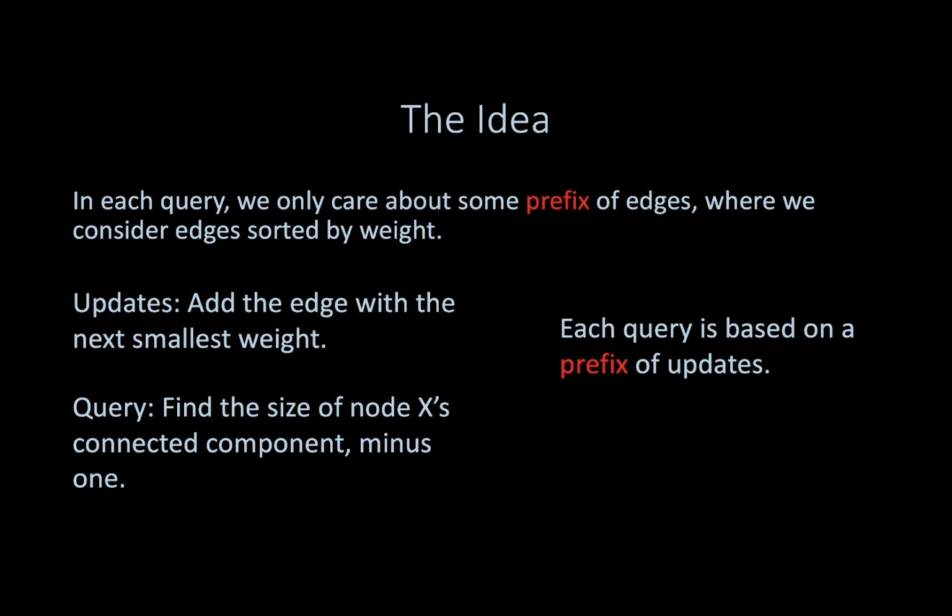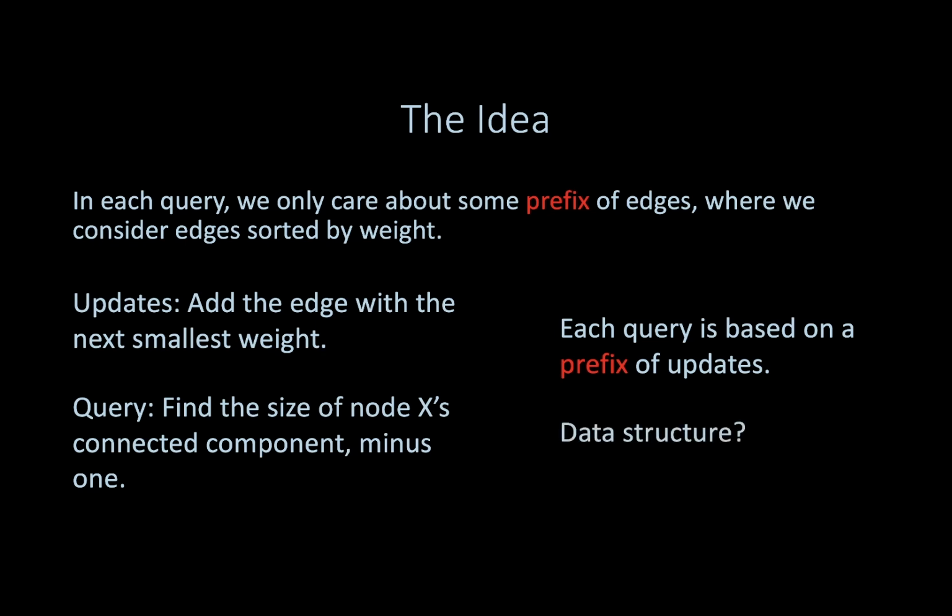The key idea is that when we perform the query, we want the updates that have happened so far, i.e. the prefix of updates before this query, we want those to exactly coincide with the set of edges with weights less than or equal to y. I.e. when we perform a query, we want the updates to have transformed the graph into exactly what we would have if we only had the edges with weights less than or equal to y.